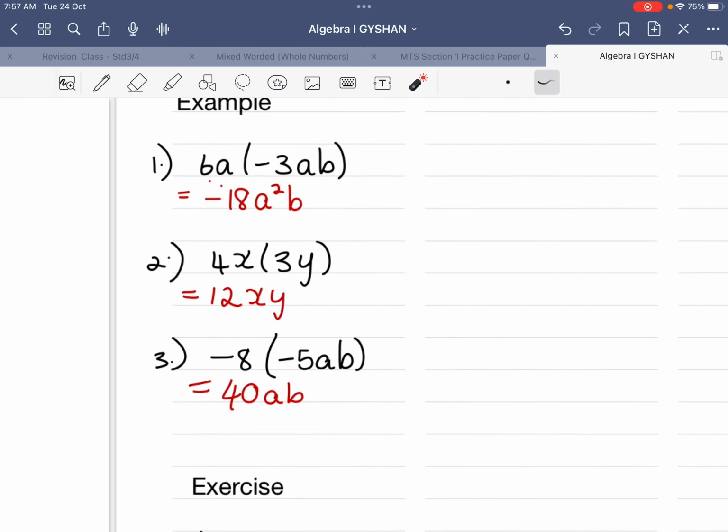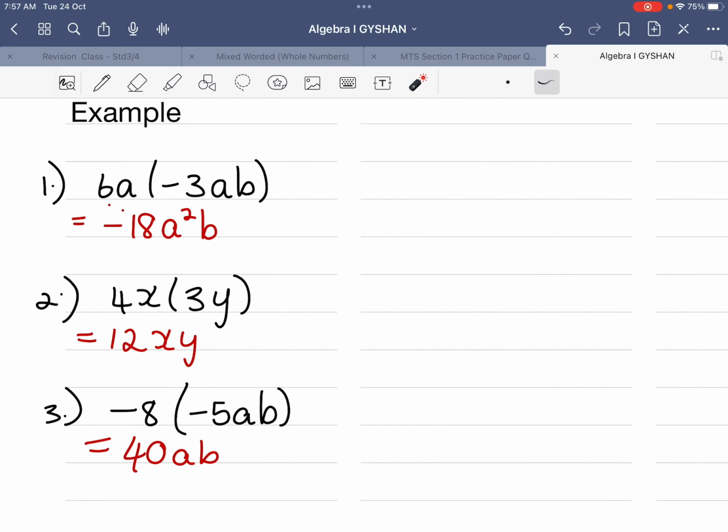So let's take a look at number 1. 6 multiplied by 3 is 18. A positive number multiplied by a negative number is a negative number. A by A is A squared. And then we have B. So you can multiply signs, then numbers, then letters.